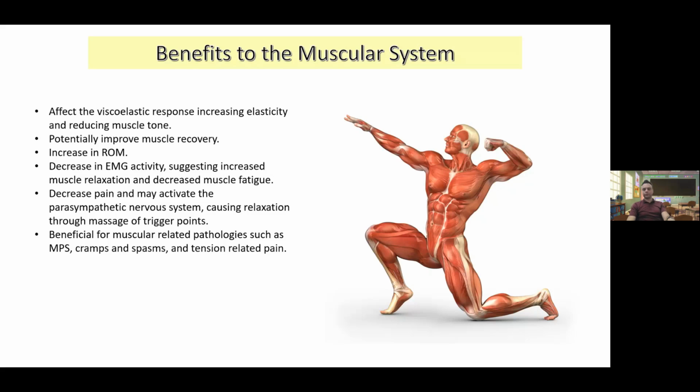The potential to improve muscle recovery, again, very limited evidence on this, but it's postulated and there is some evidence to suggest it's possible that by increasing circulation to the muscle tissues and the local tissues in the area, which gets rid of the metabolic waste and brings in more nutritious blood supply, we could increase the recovery of muscles as well. Of course, going along with the reduction of muscle tone and the elasticity, we increase the range of motion in the joints and the muscle tissue as well.